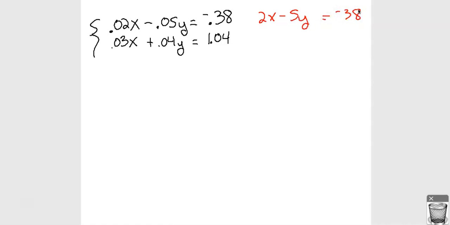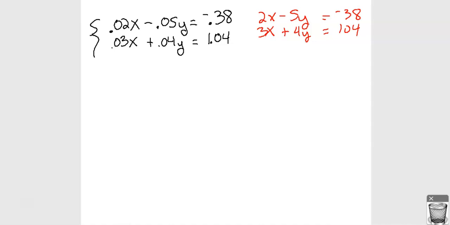Similarly with the second equation, I have 3x plus 4y equals 104. Now I can solve that system of equations, and I'm going to use elimination. Depending on whether you want to cross out your x's or your y's, I'm going to choose to cross out my x's.